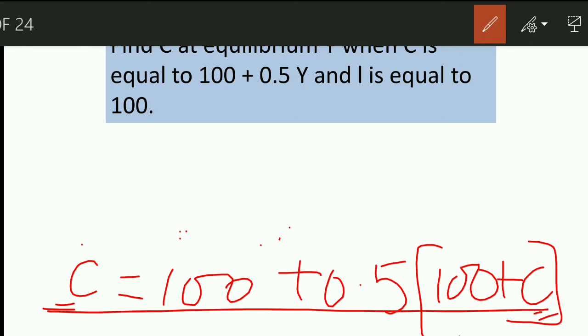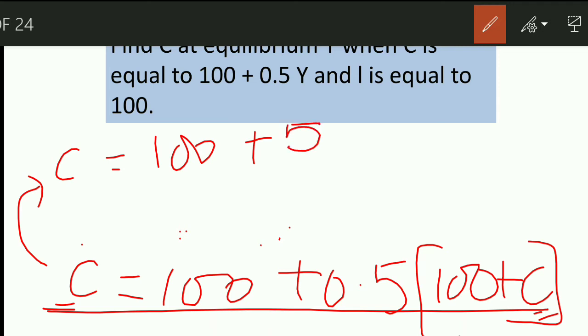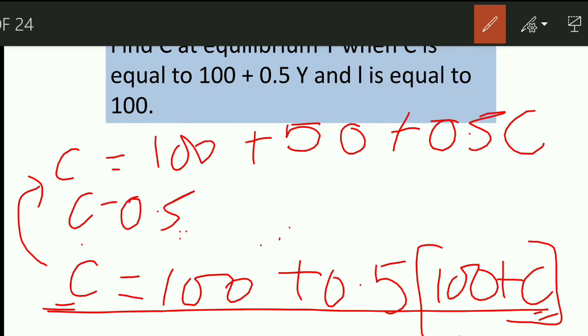So you can see that if we solve it, C is equal to 100 plus 0.5 into 100, which will be 50, and then 0.5 C. Okay, after that if I solve it, I'll get C minus 0.5 C is equal to 100 plus 50, which is 150, right?